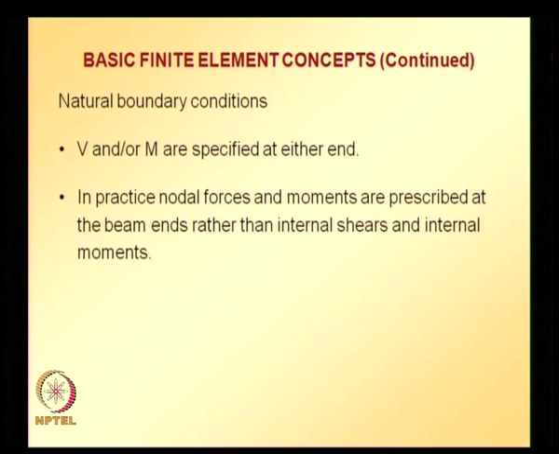Please note that in the equation we have derived so far, V is internal shear and M is internal moment. But in practice, nodal forces and moments are prescribed at beam ends rather than internal shears and internal moments. So, we should note down the relation between the nodal forces and moments and the internal shears and internal moments.